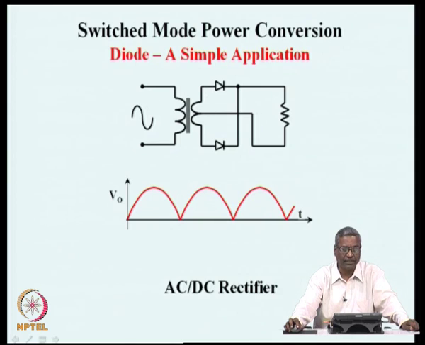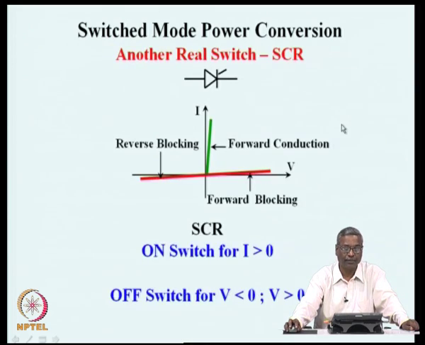So, this application is an AC to DC rectifier, and the rectifier is the generic name for any power converter which converts AC to DC, and this is a simple diode rectifier operating as a single phase full wave rectifier.